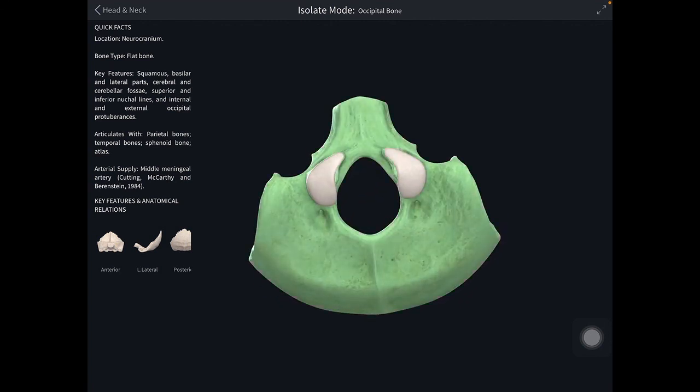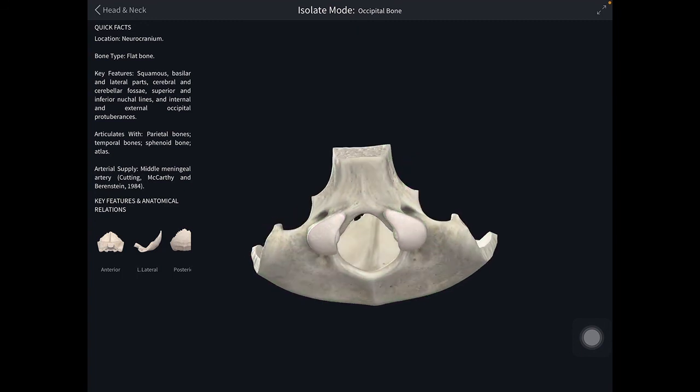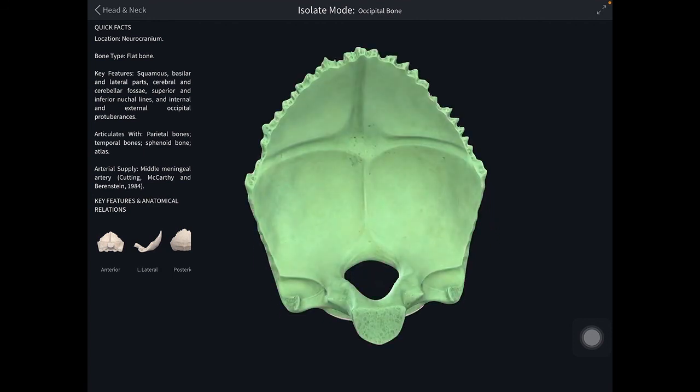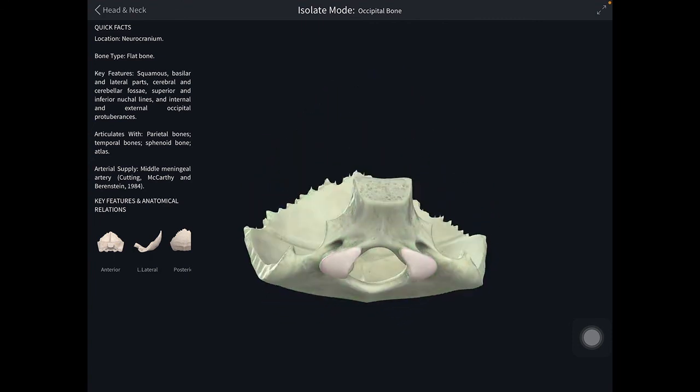Traced laterally, this line passes through the hypoglossal canal and bisects the jugular tubercles. That will separate the basilar part and the condylar part. The junction between the squamous part and the condylar parts is represented by the horizontal line passing through the posterior ends of the occipital condyles.